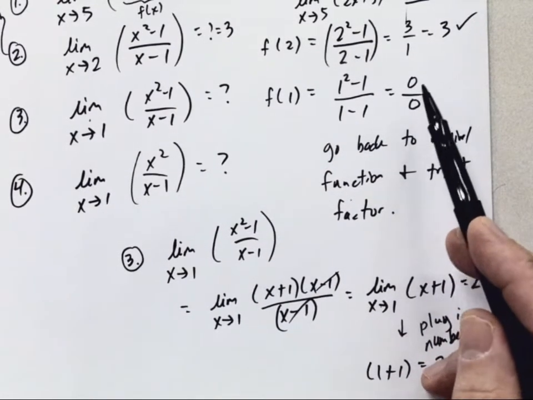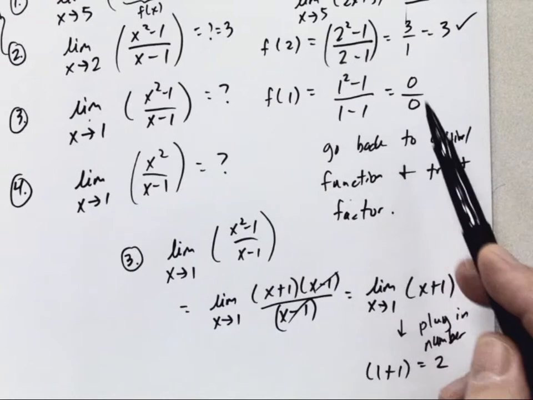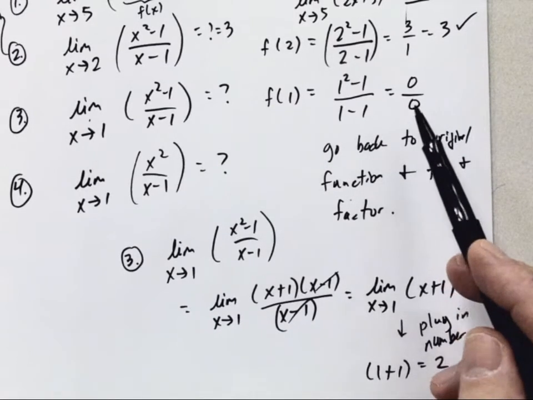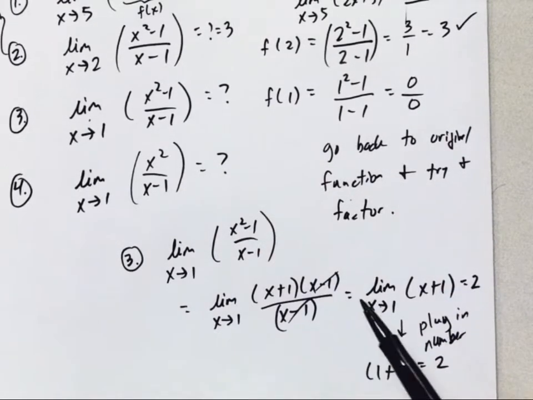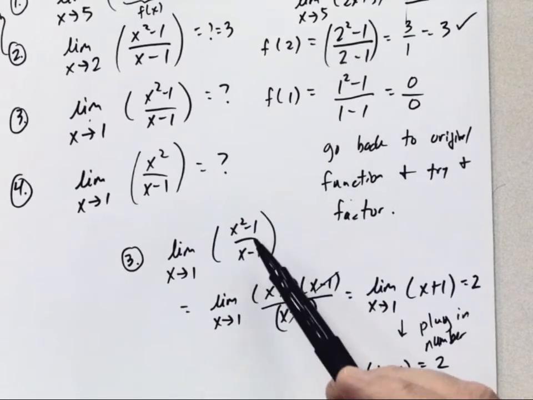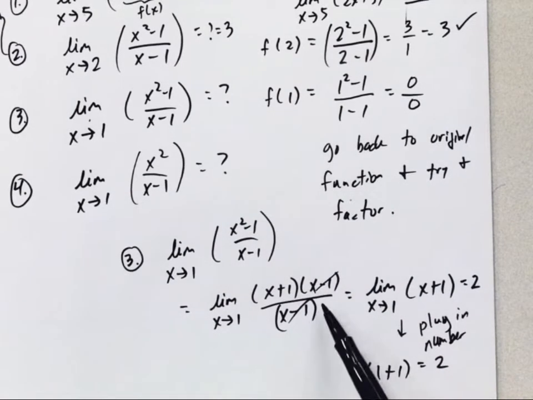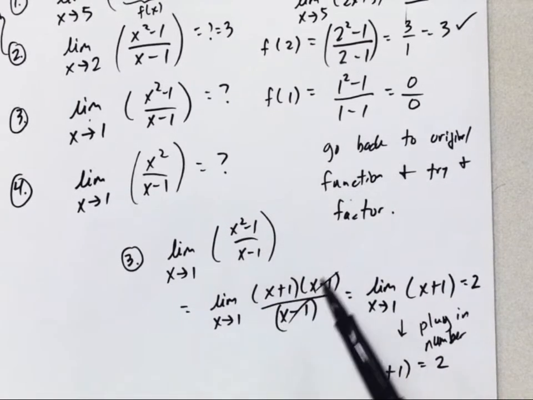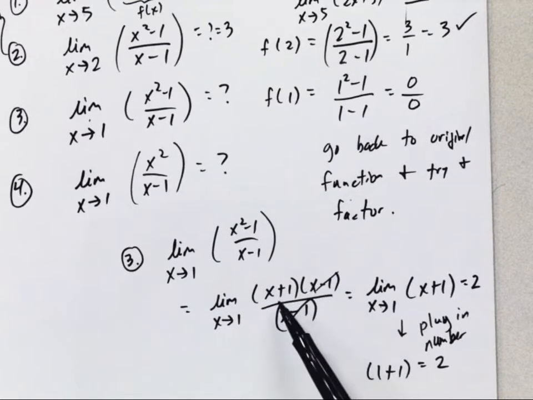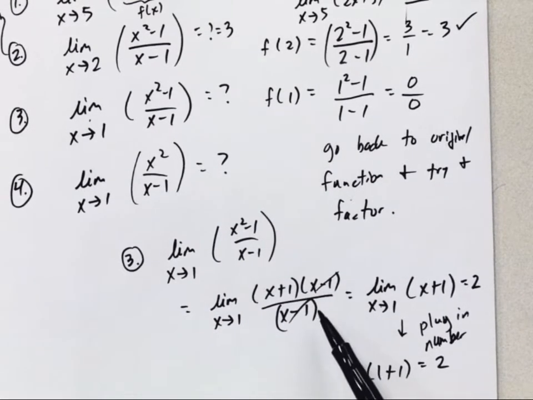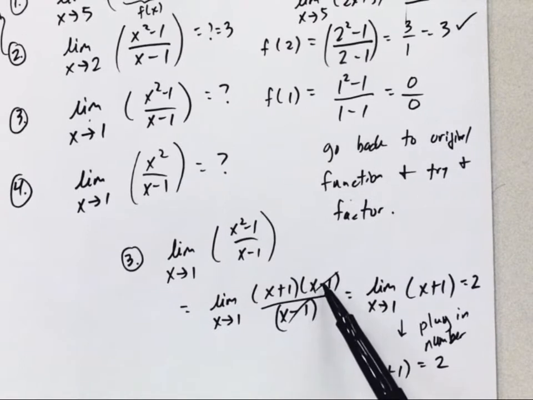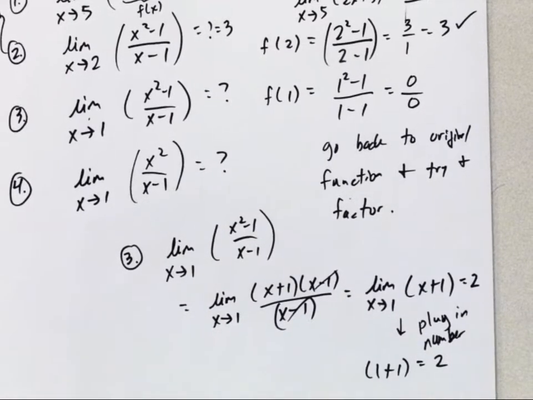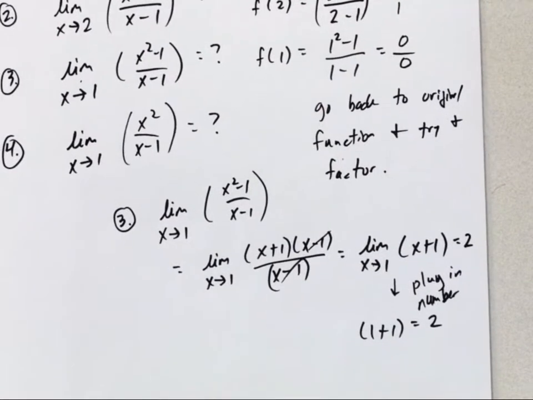So you say, okay, when I get 0 over 0, what I can do is I can go back to my original function and see if it factors. Here's the original function, and I realize x squared minus 1 does factor into x plus 1, x minus 1. And then after I factor, I realize, hey, I have identical parentheses at the top and the bottom. I can cancel those out.